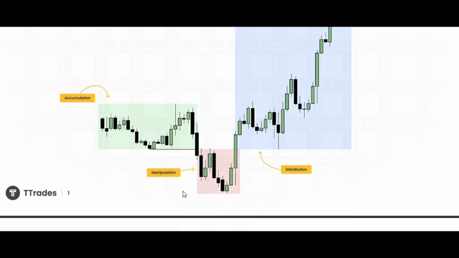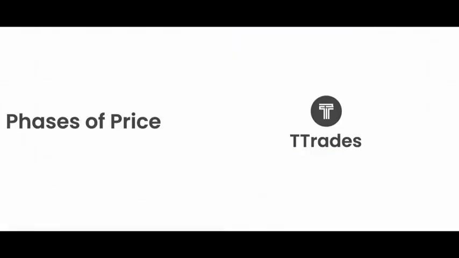Alright, so our next lesson is going to be on phases of price. So we are now at the phases of price. Price moves in phases. That means we have a consolidation phase, a reversal phase, an expansion phase, and a retracement phase.